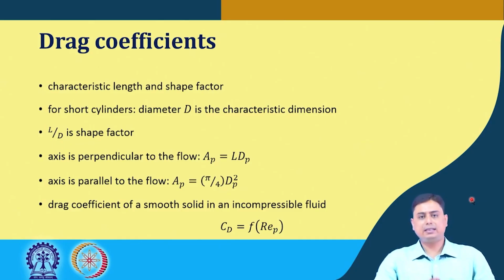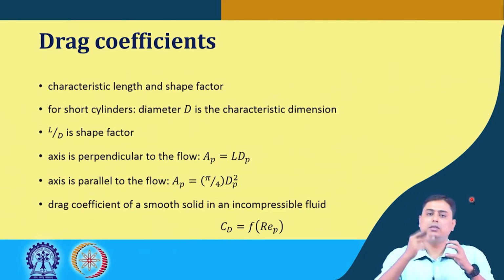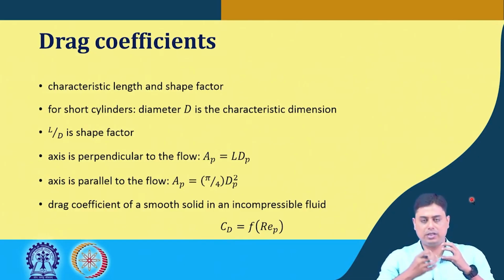When the axis of the cylinder is perpendicular to the flow, you get your projected area as L multiplied by dP. But when the axis of that short cylinder is parallel to the flow, it becomes a similar quantity to that of a sphere having a diameter dp, because the flow can only see the cross sectional area of the short cylinder.